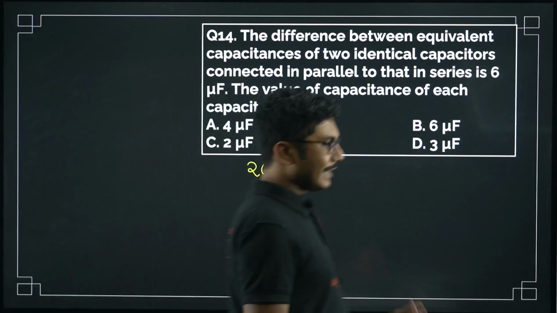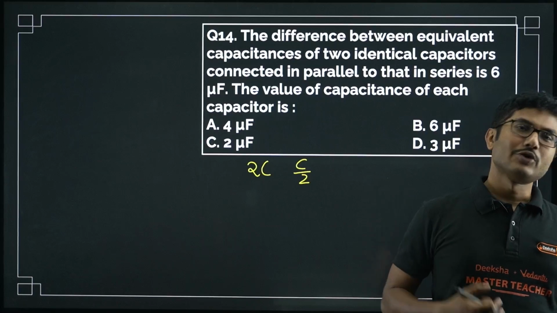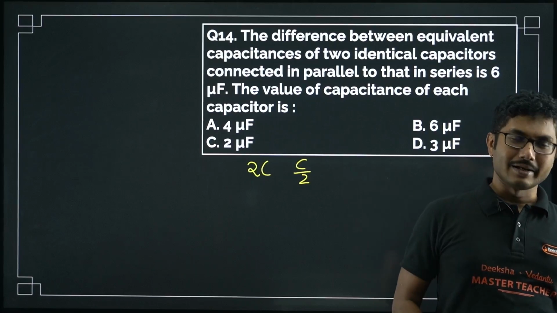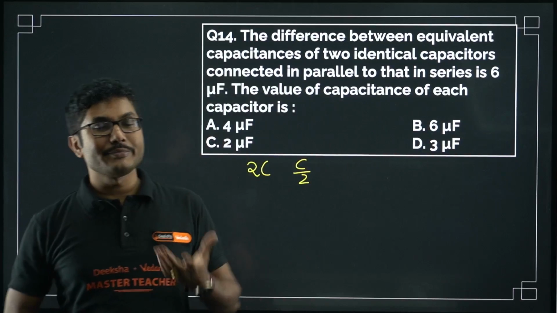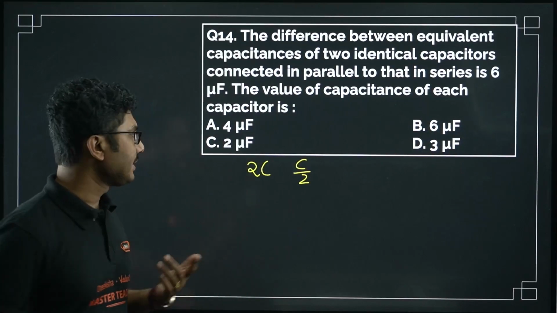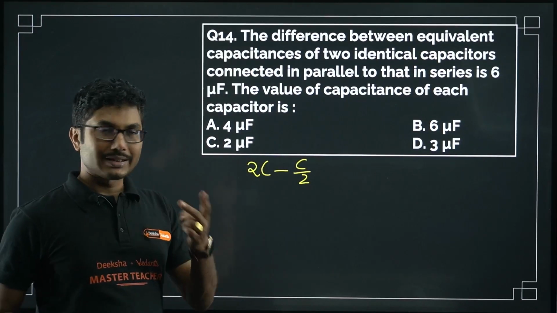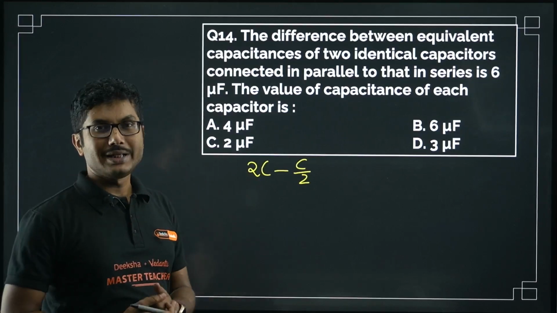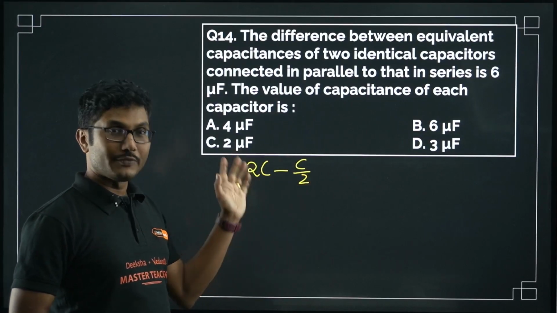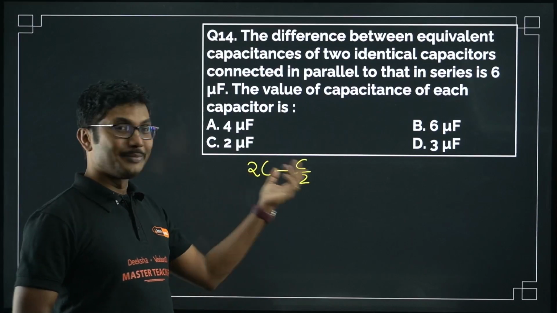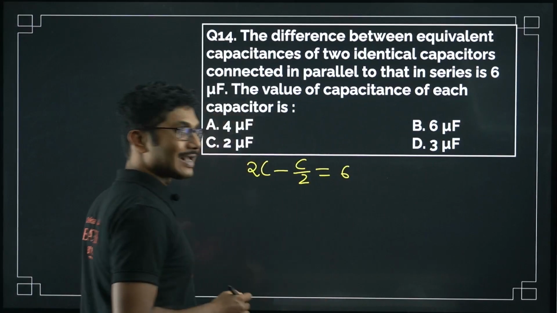Okay, so if n equal capacitors are connected in series, their equivalent capacitance is C by n. If they are connected in parallel, then it increases by n times, so it will be n into C. Always remember this, right? Because only two capacitors are there, their equivalent capacitance will be 2C in parallel, and in series it will be C by 2. Obviously 2C will be greater than C by 2, so that is why we are doing it, and the difference is given here as 6.